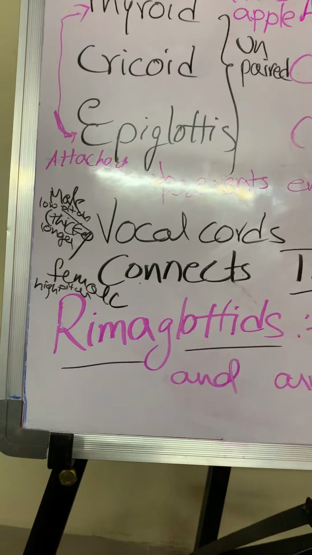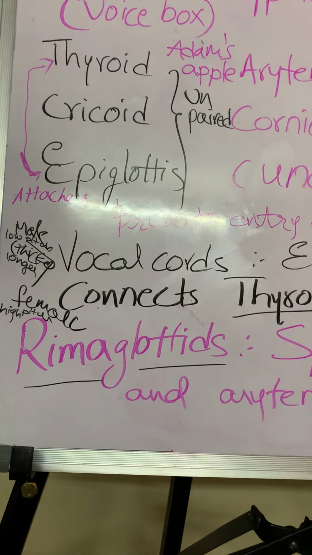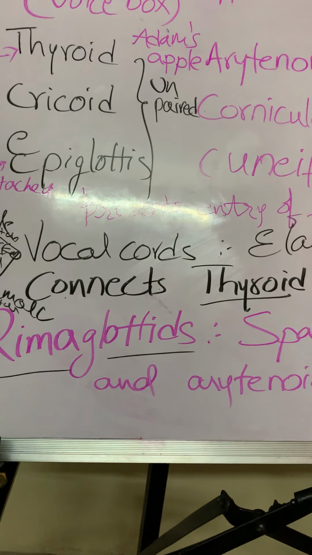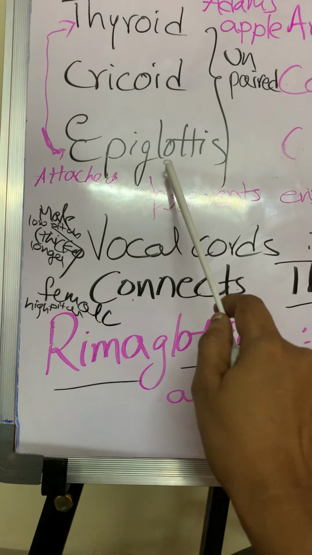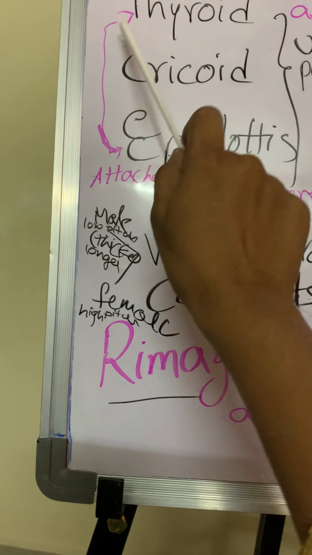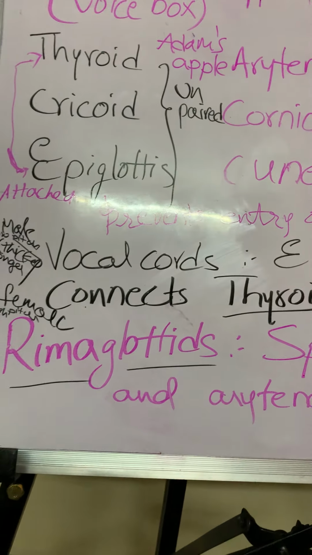That is the function of the epiglottis, and it is very, very essential. Whenever we swallow, the glottis is closed by a flap-like cartilage known as the epiglottis, which is attached to the thyroid cartilage on the ventral side.